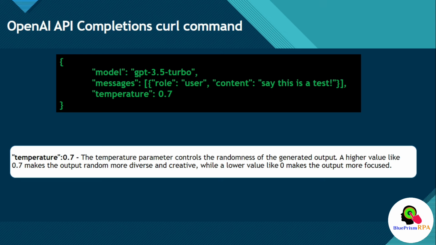It might give you some additional output, like he served from this time to this time, right? It can also include some other things. So this is called temperature, and this is one of the parameters that we are passing to the API.